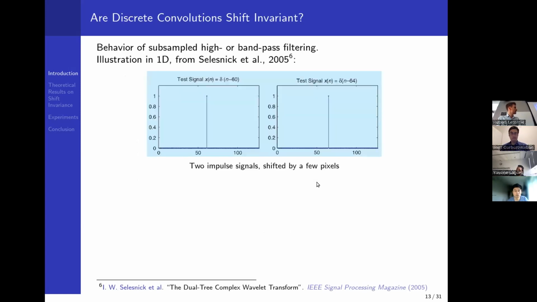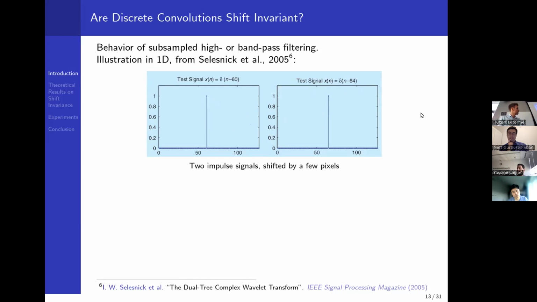I will give a simple example in 1D. This is an image from a paper from Kingsbury about the dual tree wavelet transform, but anyway, this is a 1D example. We have just a simple impulse signal, where all values are equal to 0 except 1, and we shift this signal by a few pixels only. As you can see, the two signals are very similar, just a few pixels shift.